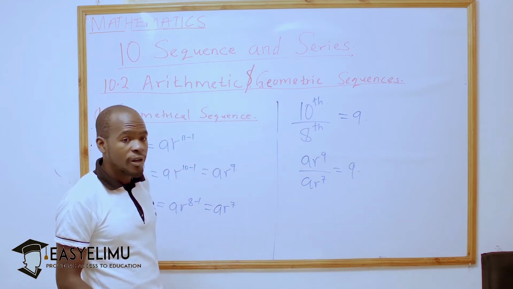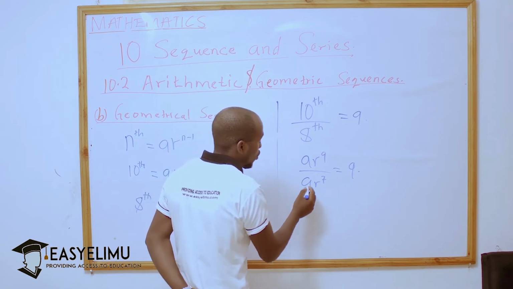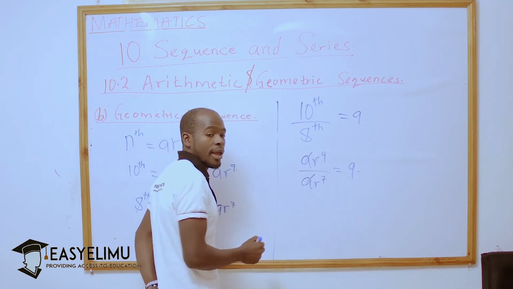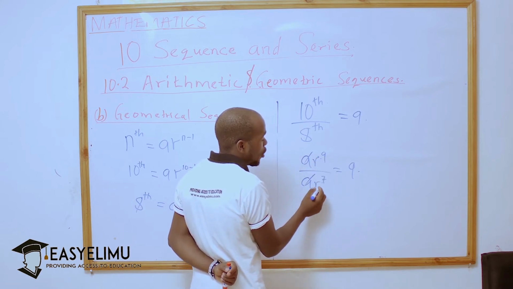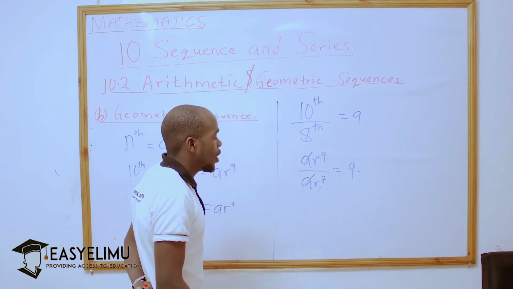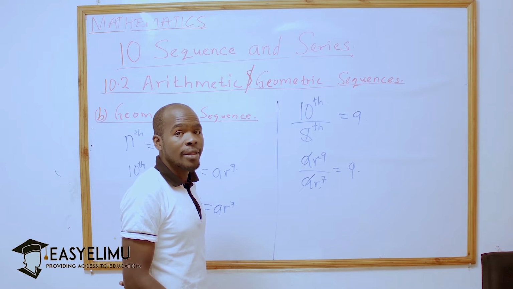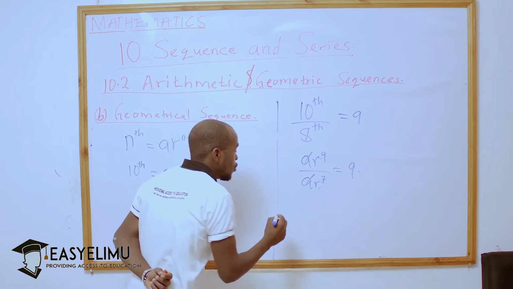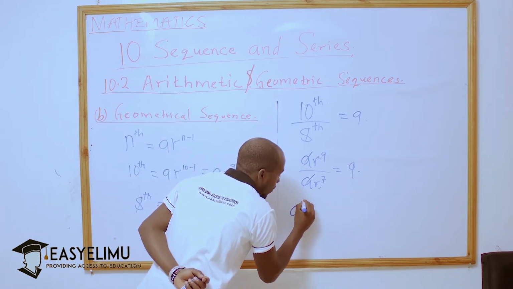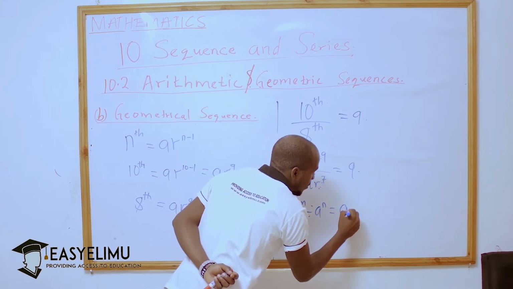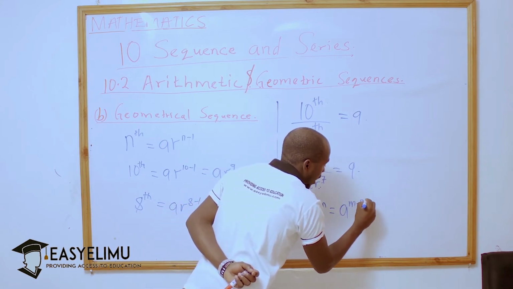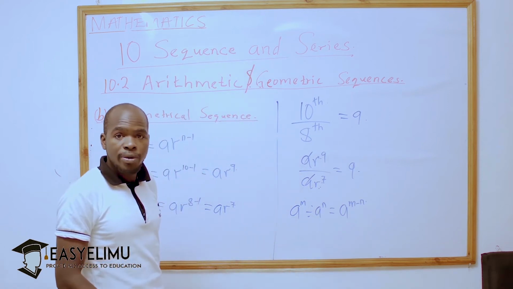And from the look of things, a will cancel with a. And here, if you have two common factors, we remember from logarithm, if you take a^m divided by a^n, we did say that this is the same as taking a^(m-n). I think you remember that.